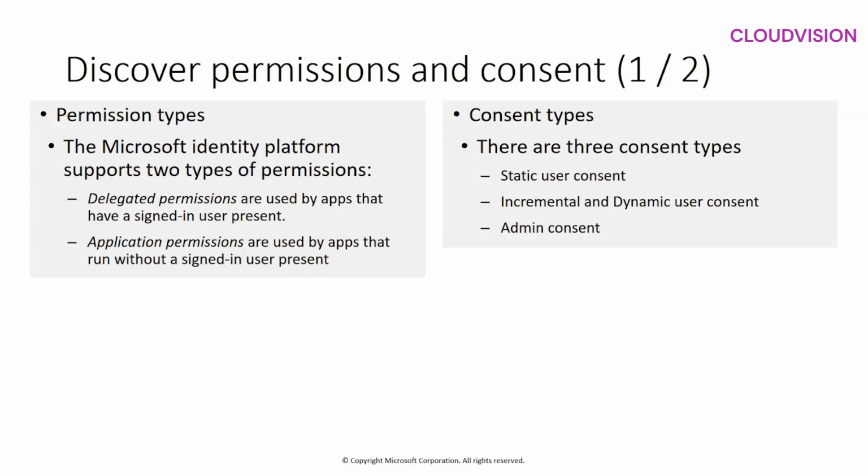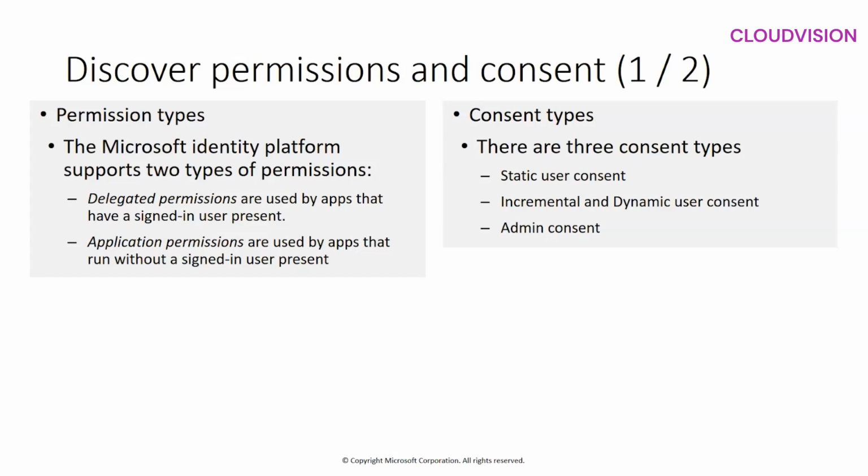So I can get only those permissions which are listed in my requested permission set. So that is static user consent. But it is hard to know what all permissions I need. And sometimes it is a risky thing because I might ask for some permissions which might corrupt my system, right? So a lot of effort is required.